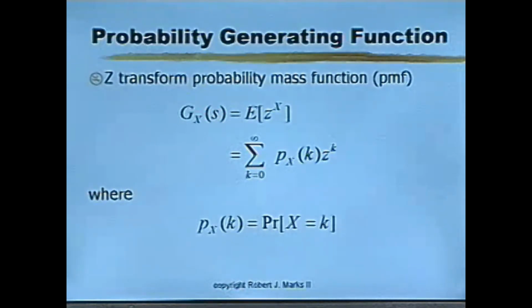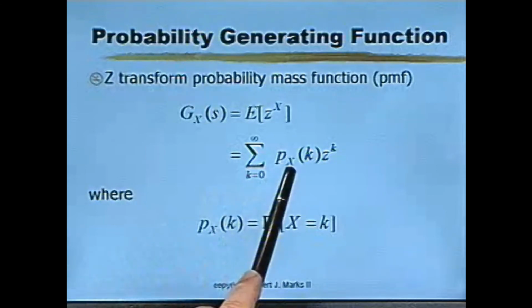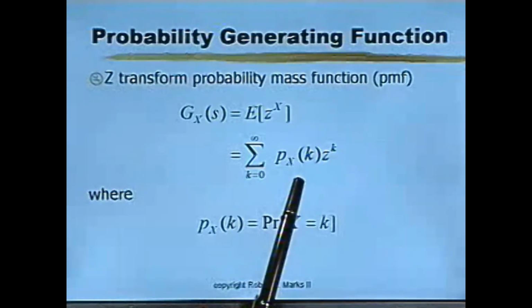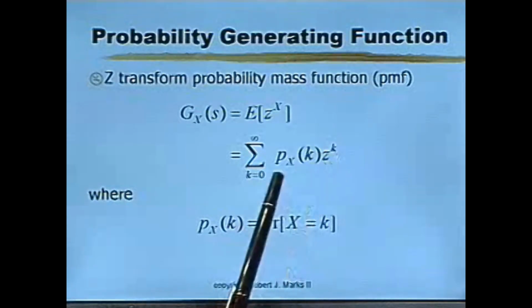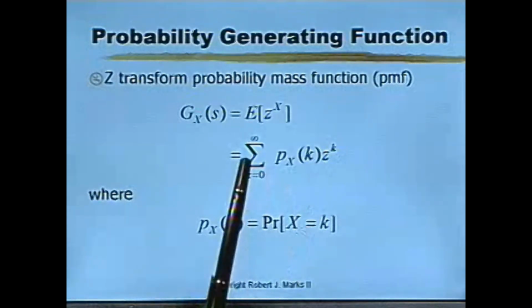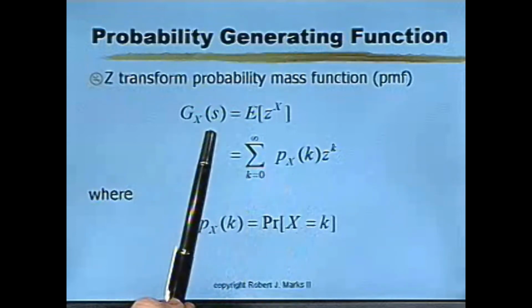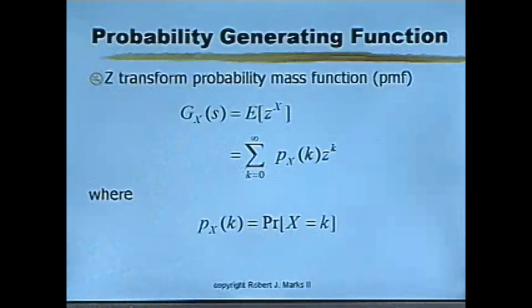And indeed, if we have a discrete random variable of a lattice type, we can talk about the z transform of the probability mass function. The z transform of the probability mass function is as follows. P sub x of k is the probability that the random variable x is equal to k. And we simply multiply that by z to the k, and we sum over all values of k. This then is referred to as the probability generating function.